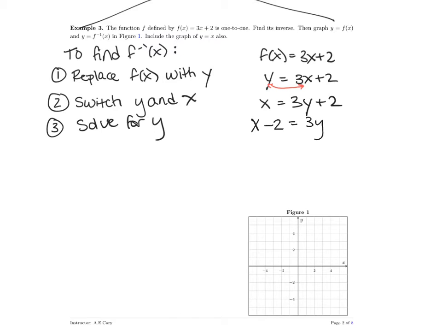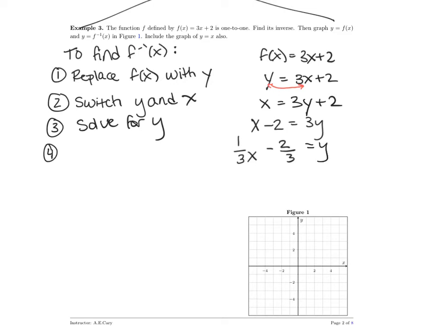Now, because I know I'm going to have to graph this later, I'm not going to leave this as x minus 2 over 3, just because that doesn't make sense when graphing. So I'm going to write this as 1/3 x, or x divided by 3, minus 2/3. I'm going to do this because this makes sense in our y equals mx plus b format. But we're not quite done yet because we don't want to leave this as y.